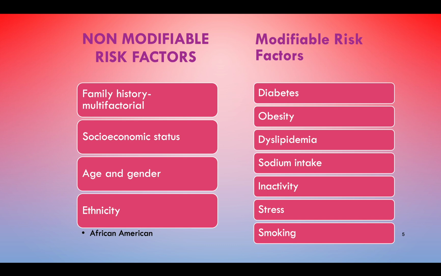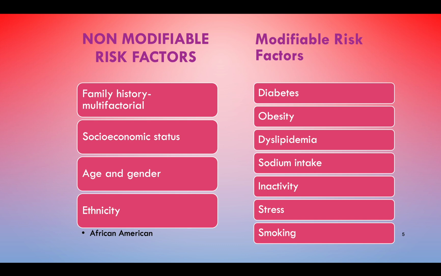Older people, certain ethnicities such as African Americans, there's a high correlation between these non-modifiable risk factors and hypertension. So we need to watch these people, educate them about how to reduce the risk of hypertension on regular routine provider visits and whenever we're interacting with them.